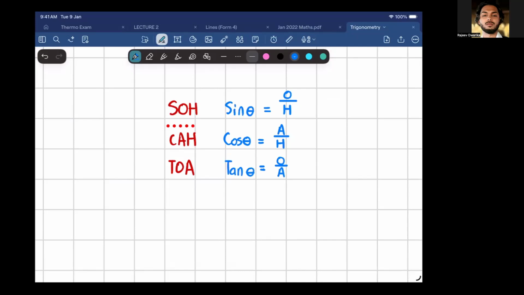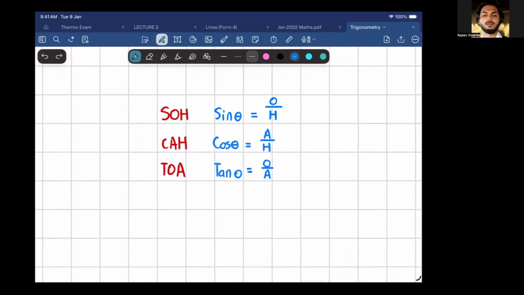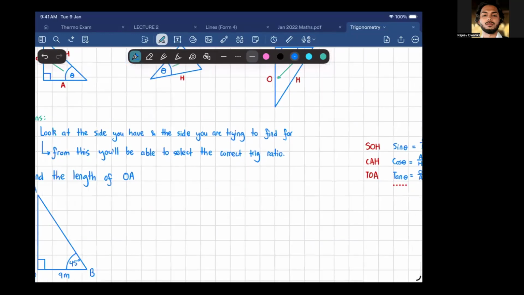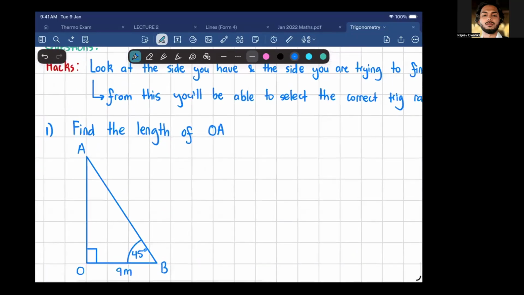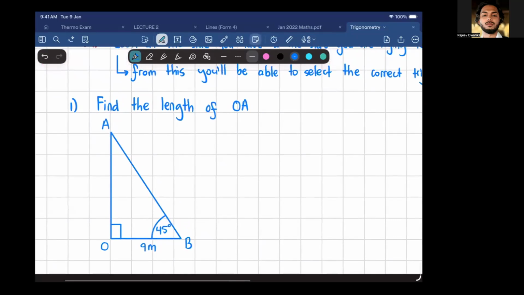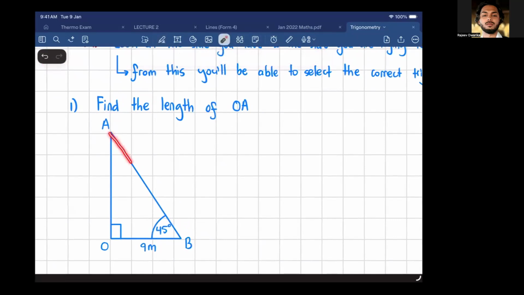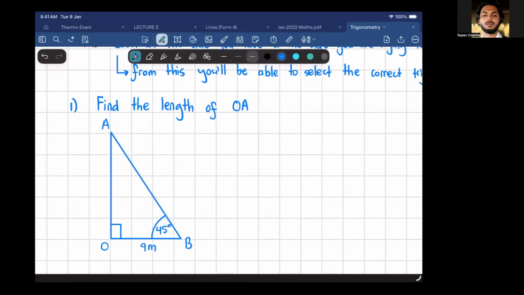Right, so these are the three you could possibly select from. So earlier, I told you all to look at the side you have and the side you are trying to find for. And this will tell you which one to select. So Simran, in this question, let's label it first. What do you think AB would be? That would be hypotenuse. Right?